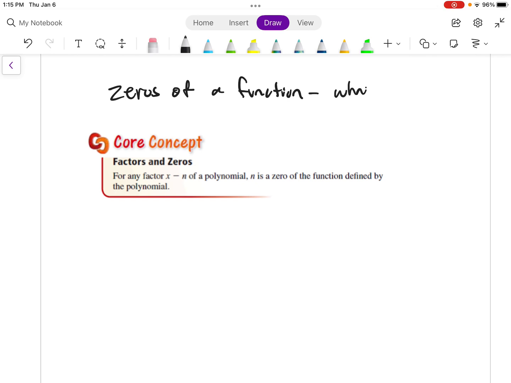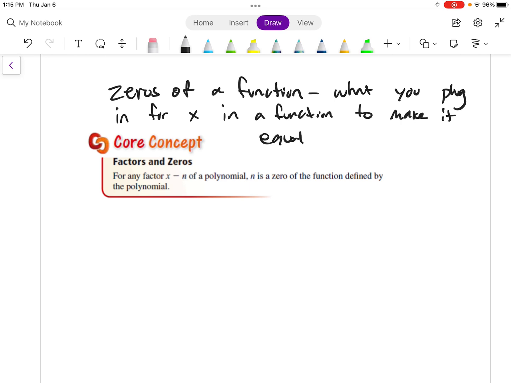So it's what you plug in for x in a function to make it equal 0. Okay, so it's what numbers you could plug into a function to make it equal to 0.